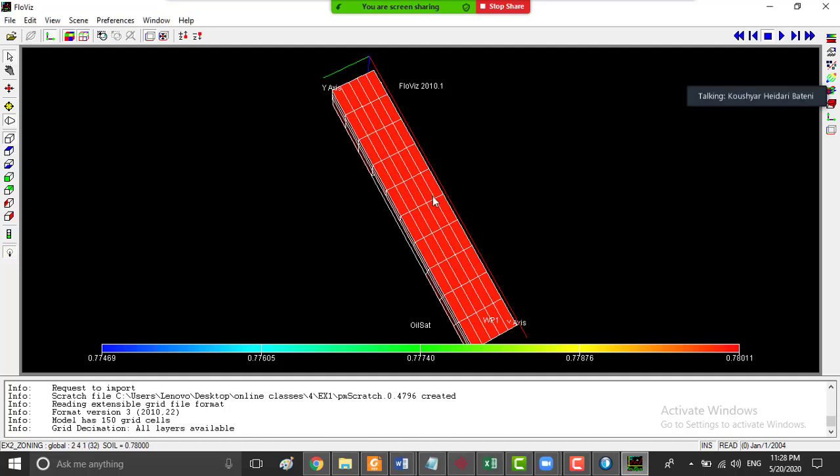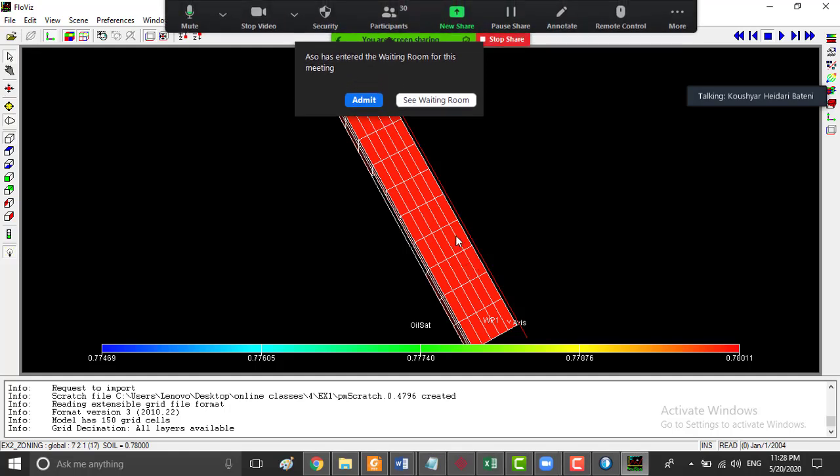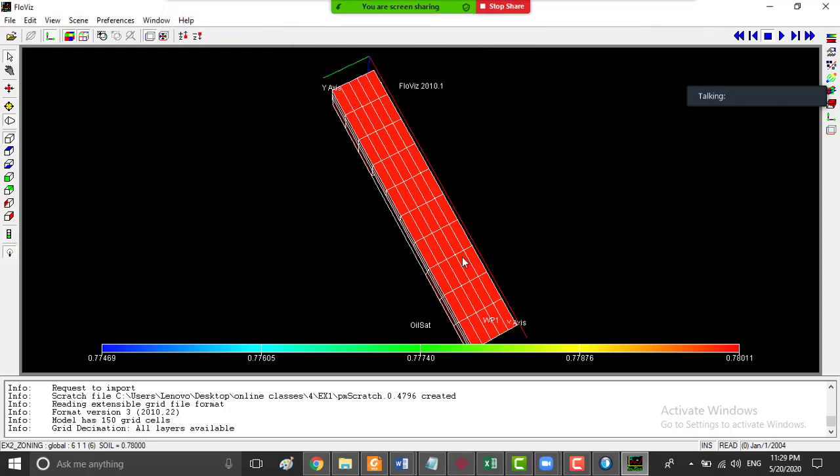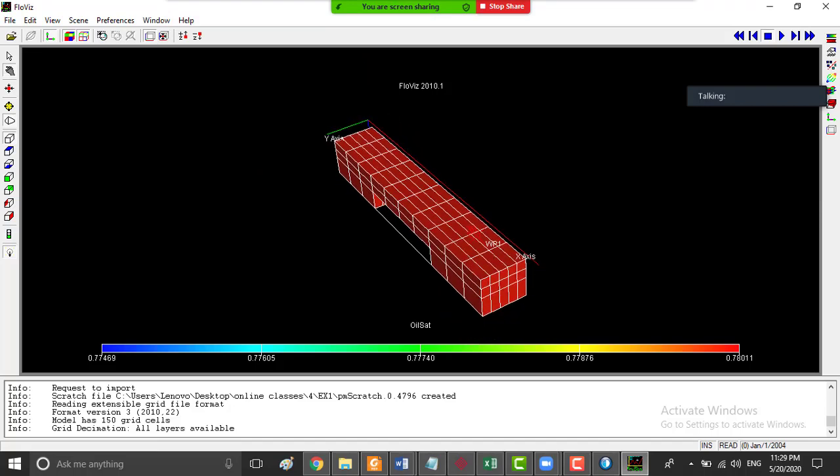Now look, I want to show it to you here. Here I don't have access to the second layer.